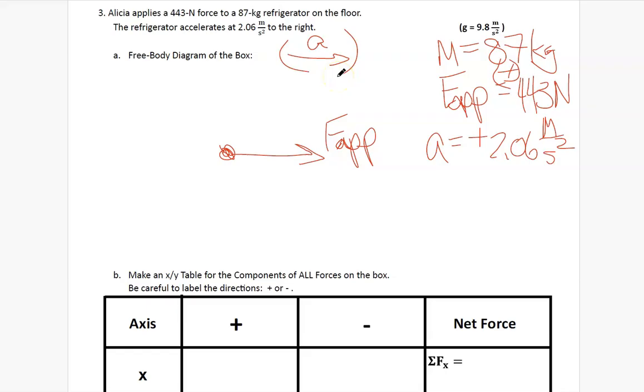We know this thing has a weight, probably a big heavy weight, and that weight is easily calculated as the mass times gravity, and we know the mass. We know the refrigerator is not flying up into the air or accelerating down to the center of the earth, so the normal force must be balancing it perfectly.